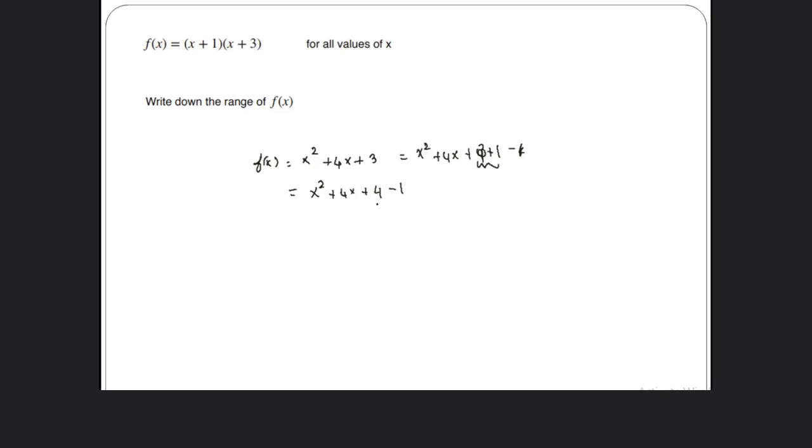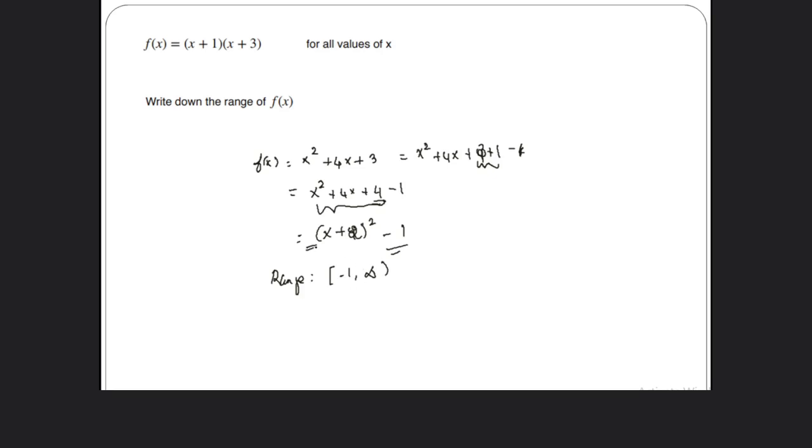So this combined makes x squared plus 4x plus 4, which is x plus 2 the whole squared, minus 1. Okay. Now how can we know the minimum value? The minimum value is given by this value. So the range is minus 1 comma infinity.